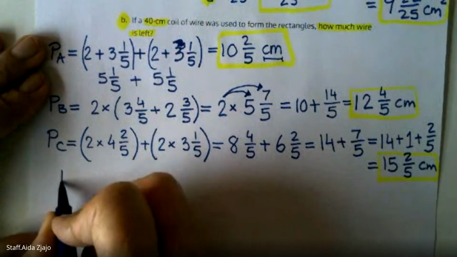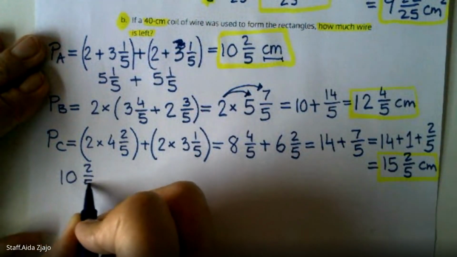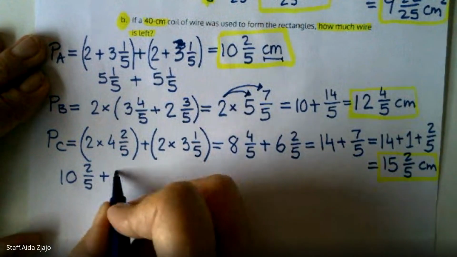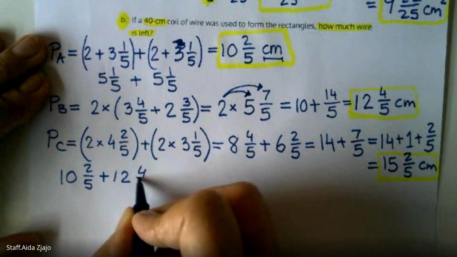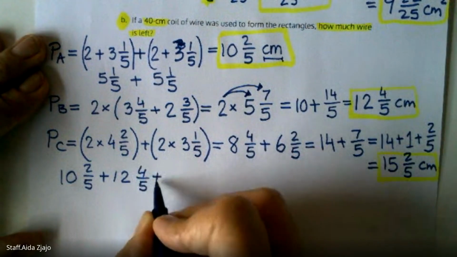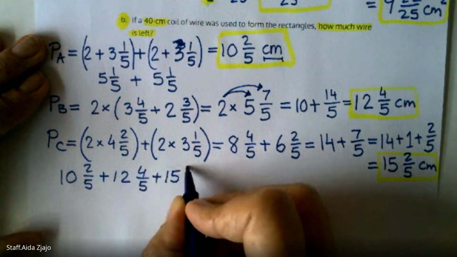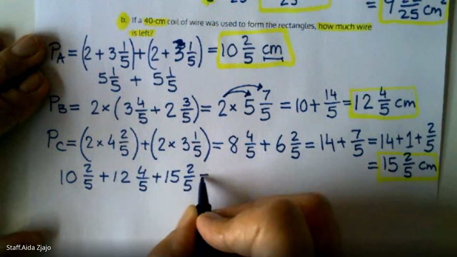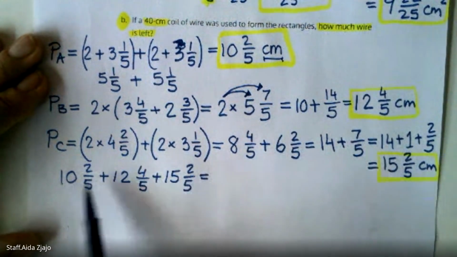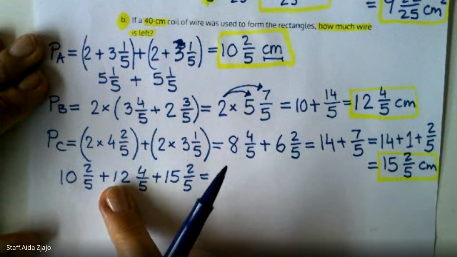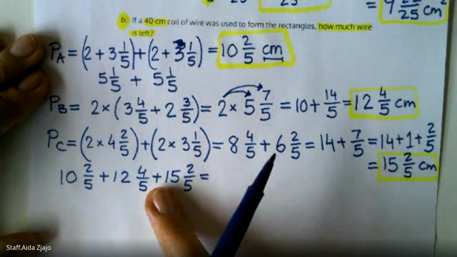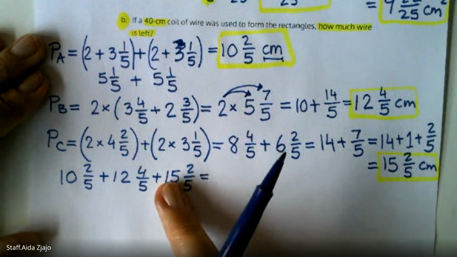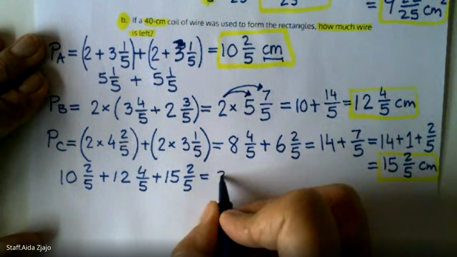So 10 2/5 plus 12 4/5 plus 15 2/5 equals 10 plus 12 is 22, plus 10 is 32, plus 5 is 37.